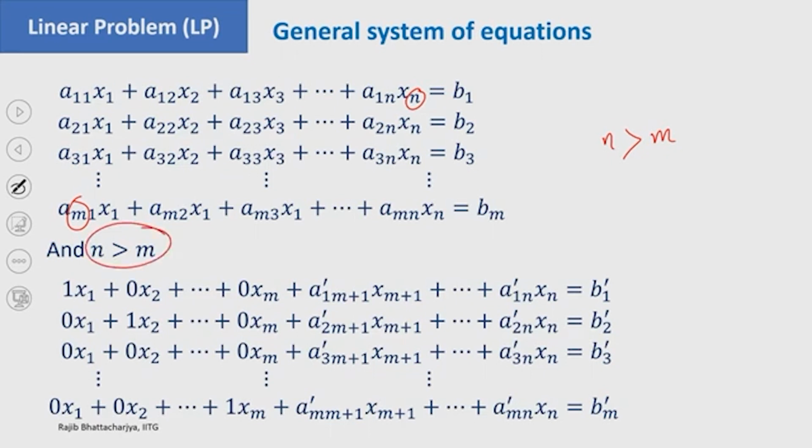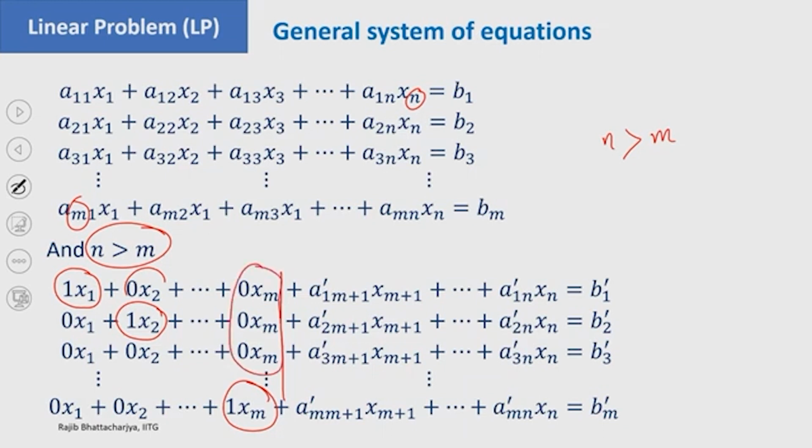So here what we are doing? We are applying the row operations, and up to the number of equations m we are doing the pivoting. That means for the x 1 variable the coefficient is 1 and for the others the coefficients are 0. Similarly, for x 2 only in the second equation it is 1 and in the other equations it is 0, up to x m, where the coefficient is 1 and for the others the coefficients are 0.